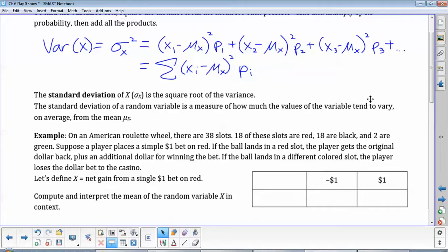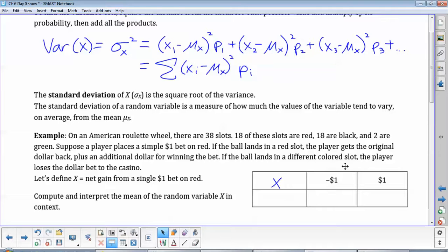If the ball lands in a different colored slot, so not red, the player loses the dollar bet. So let's define x. I'm going to let x represent the net gain from a single $1 bet on red. So the possible values for x are losing your dollar or gaining a dollar net.